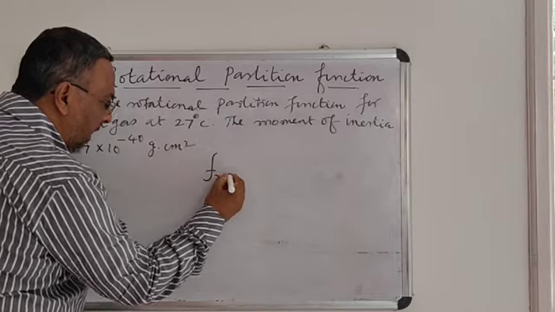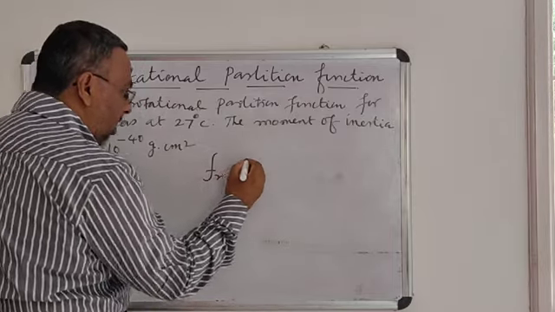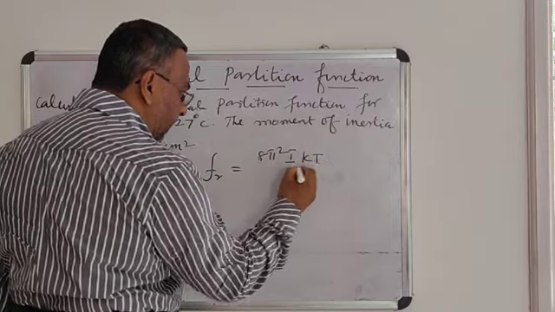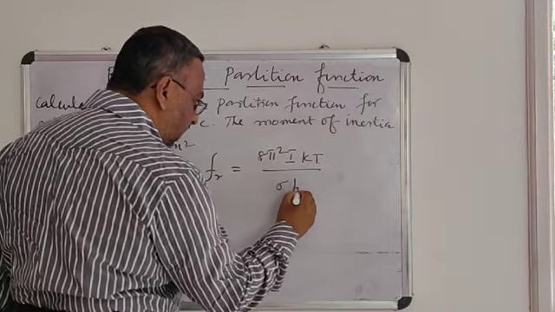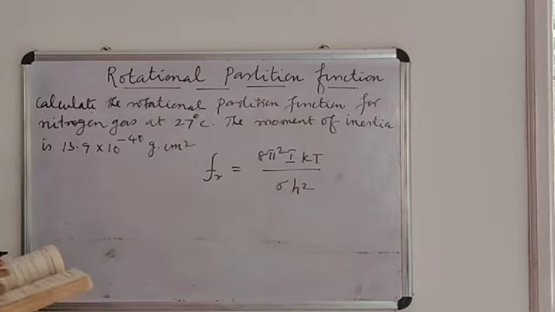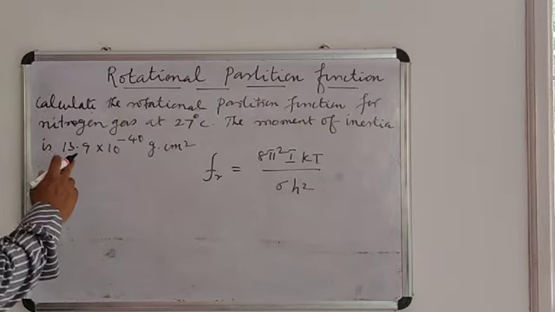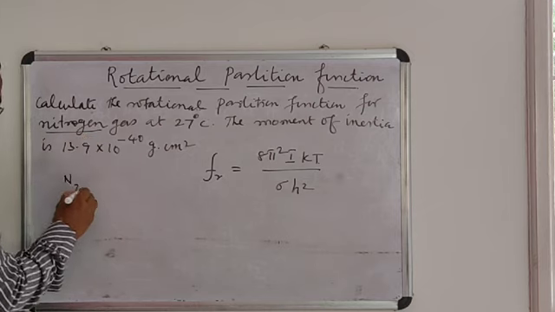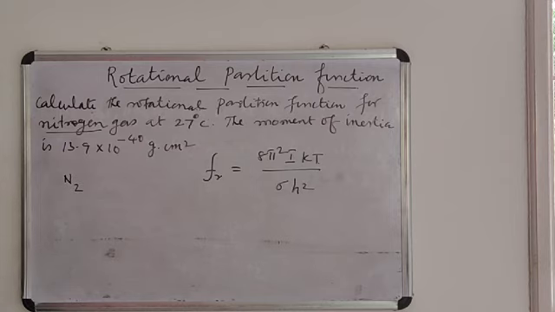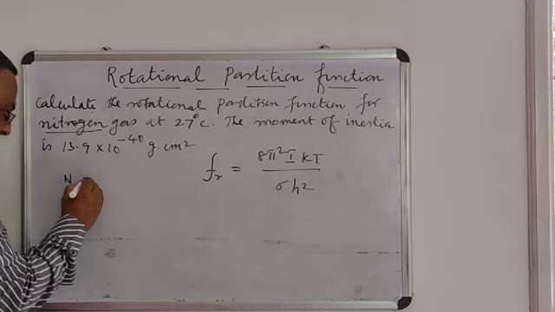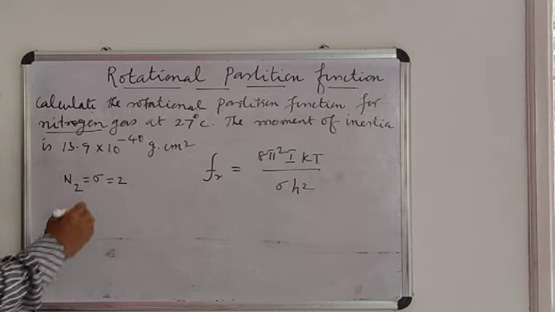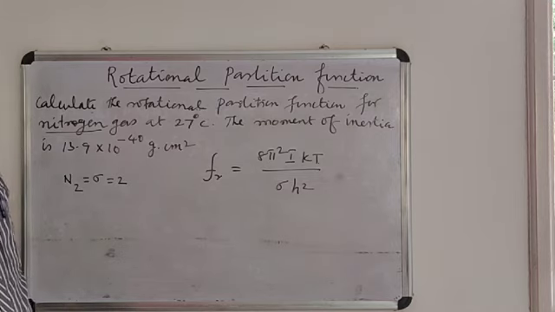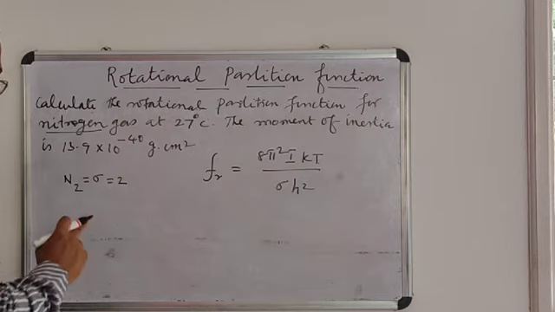We know first the formula. Rotational partition function is equal to 8 pi square I kT divided by sigma h square. Okay. See, this is nitrogen gas. For nitrogen gas, it is a homonuclear diatomic molecule. Its sigma value is equal to 2 because it gives 2 times indistinguishable pattern for every 360-degree rotation.